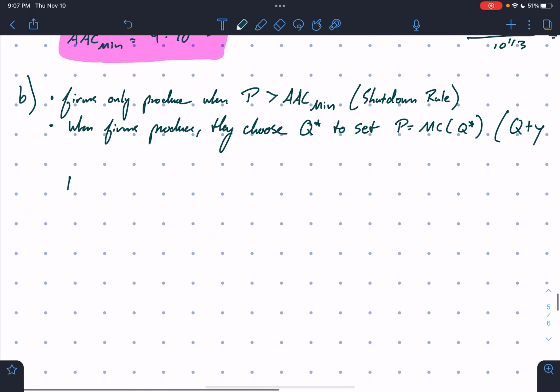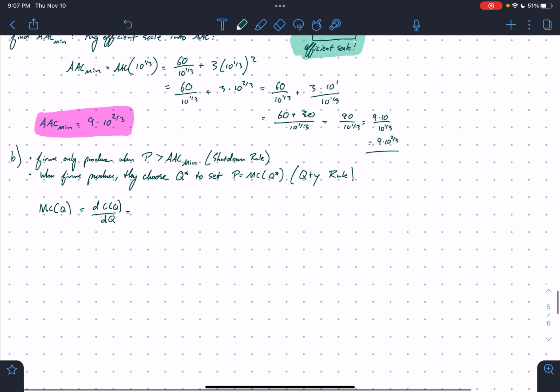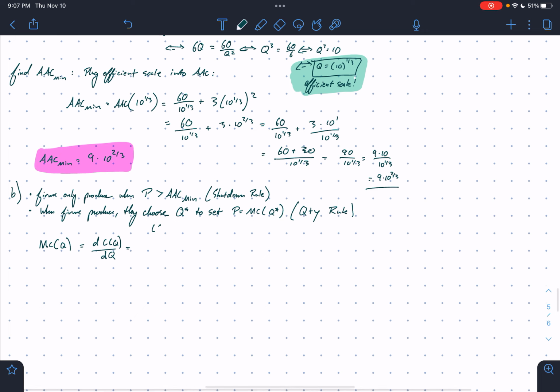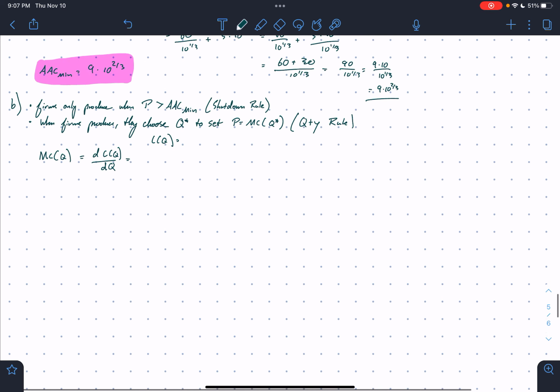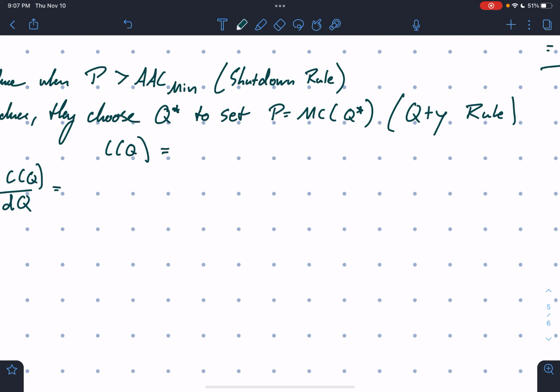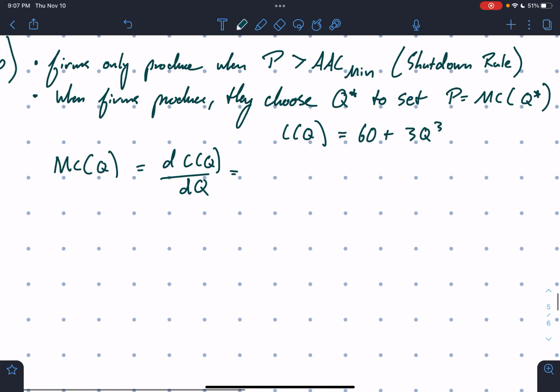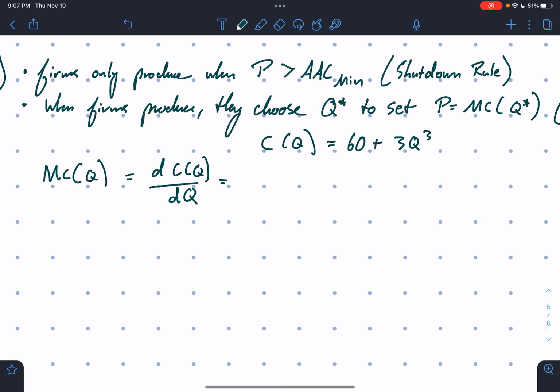All right. So the marginal cost for the firm is the derivative of their cost with respect to Q. So recall that their cost was 60 plus 3Q cubed. Okay, so the derivative of this is going to be 9Q squared. I'm just taking the derivative of this function. It just becomes 9Q squared.